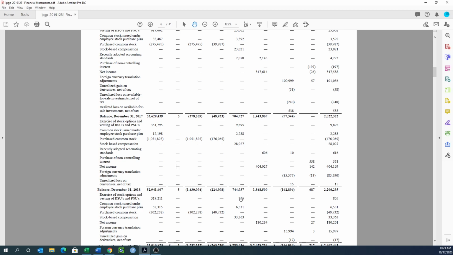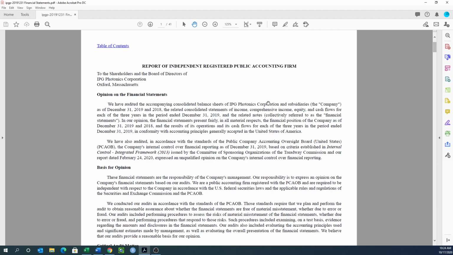So here it doesn't look like they got a tremendous amount of additional paid-in capital or additional dollars coming in for these restricted stock units, restricted stock awards, or performance stock units, which is what they also have. We're not looking at the RSUs or the PSUs, we're really looking at the stock options. But I've given you this set of financial statements so you can take a look.